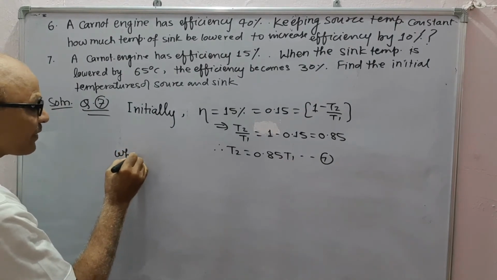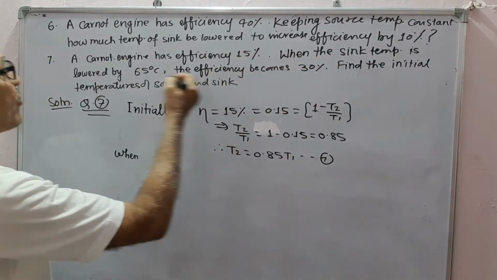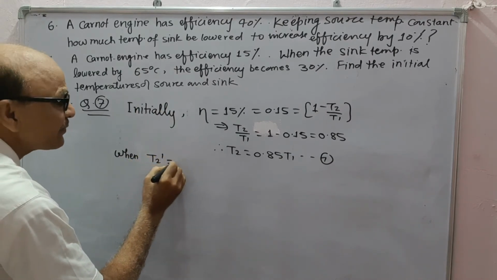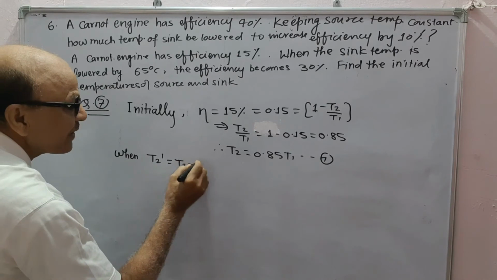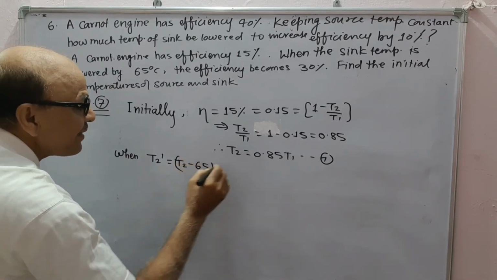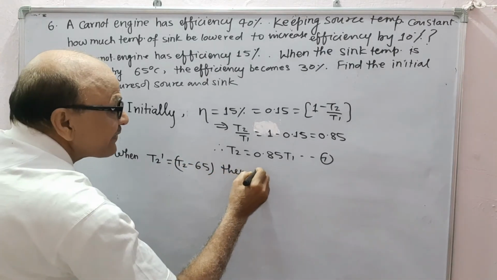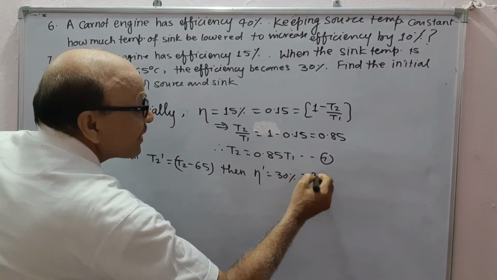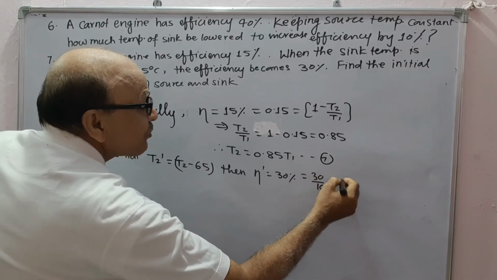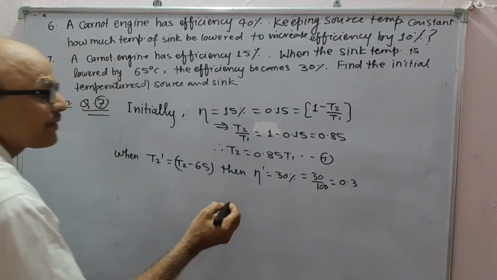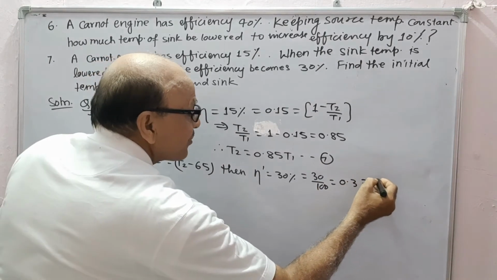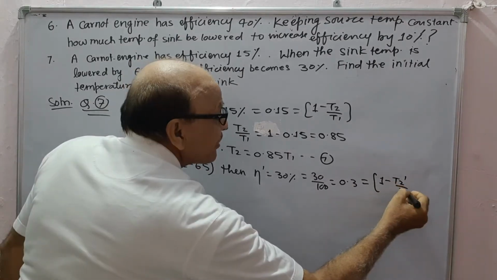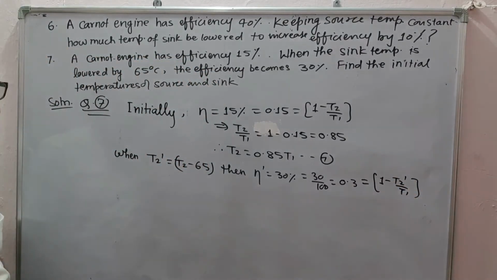When sink temperature is lowered by 65 degrees Celsius, then new sink temperature becomes T2 dash, which is T2 minus 65. Then new efficiency eta dash becomes 30%, that is 30 upon 100, which is 0.3, and this will be equal to 1 minus T2 dash upon T1, because T1 is unchanged.